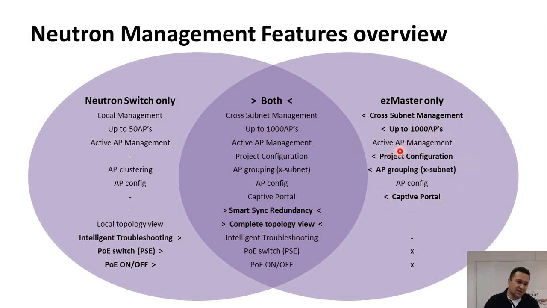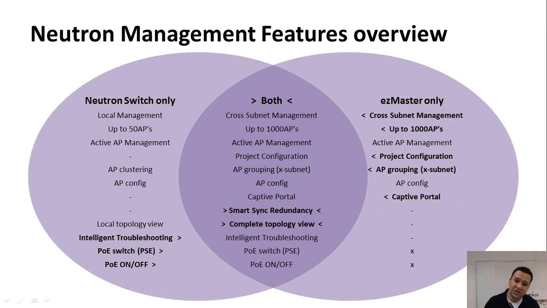And EasyMaster will have AP grouping instead of AP clustering, but I will come back to you about this later. And EasyMaster at this moment is adding captive portal. So if you would use both switch and EasyMaster, you will have all the features that come from the switch side and EasyMaster side combined.